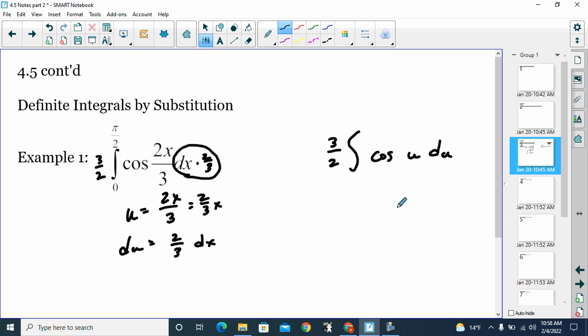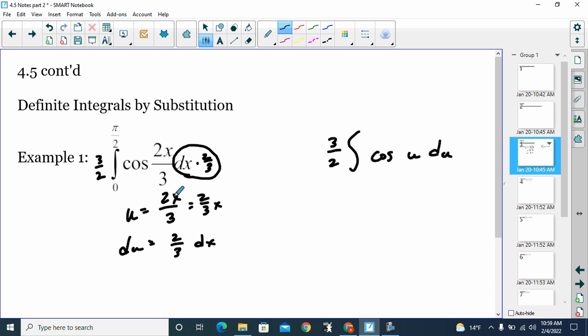This is now something we know how to integrate. Before we do that, we need to have our bounds. The problem is 0 and pi over 2, those are x values. And this integral over here is written in terms of u. So I need to change these x values to u values. And we do that by plugging them into this u equals equation.